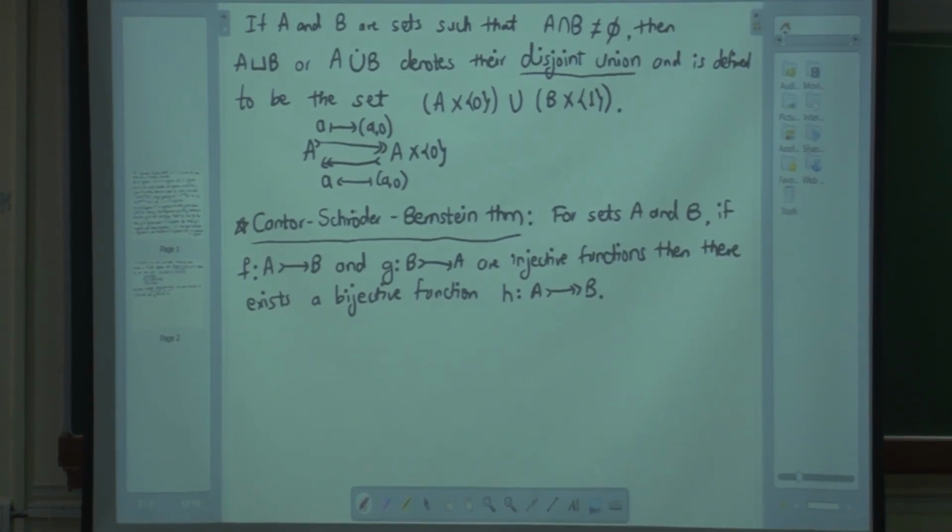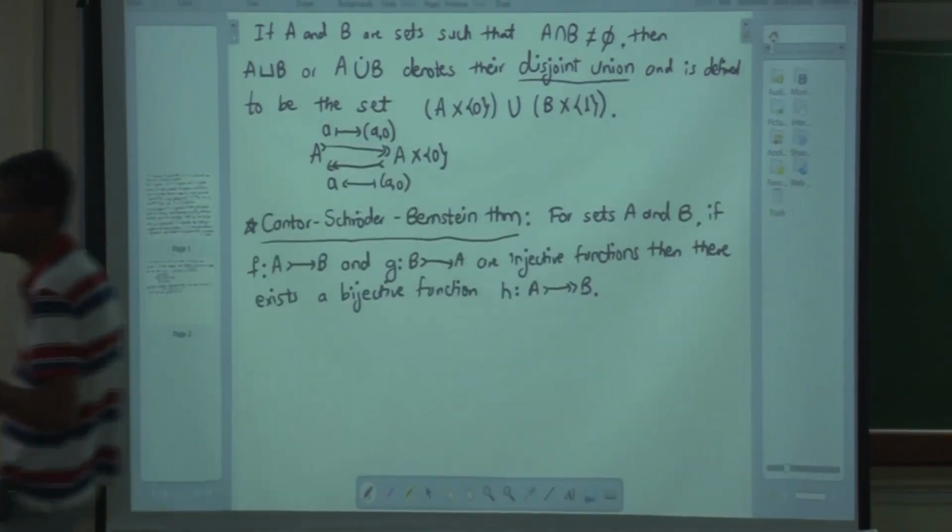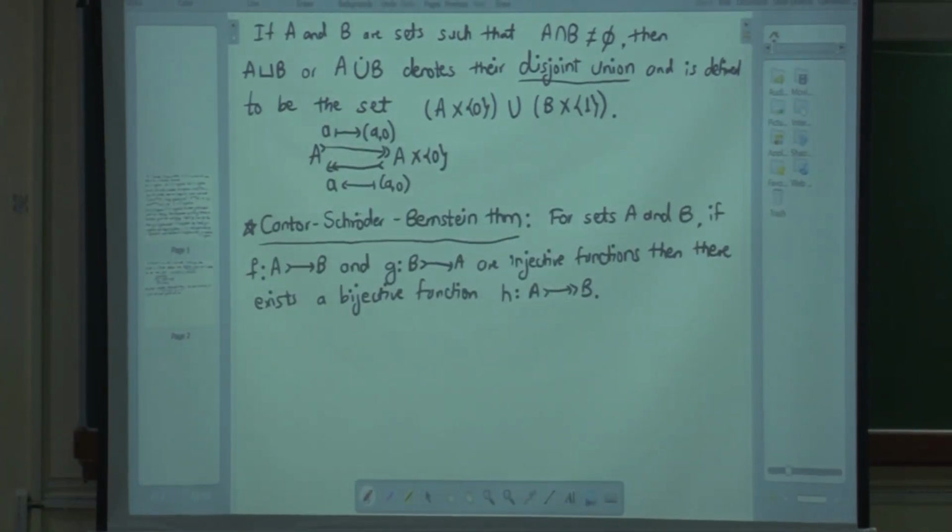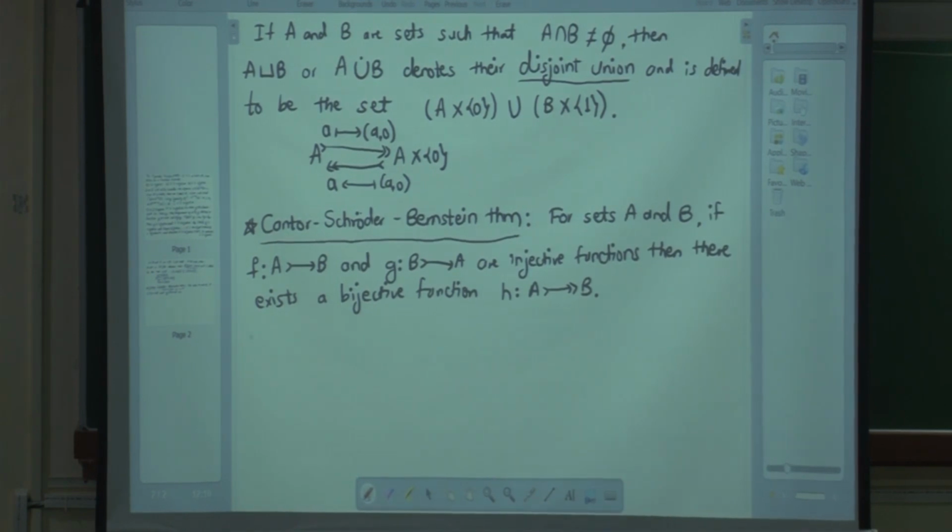So g inverse is not really a function, but g inverse is a function from image of g. I'm not going to write the proof here, I will write the proof on the next slide, but for now, there are two more injective functions.